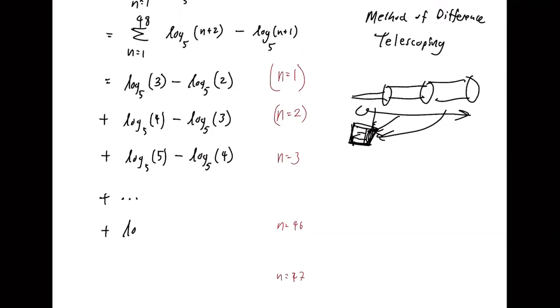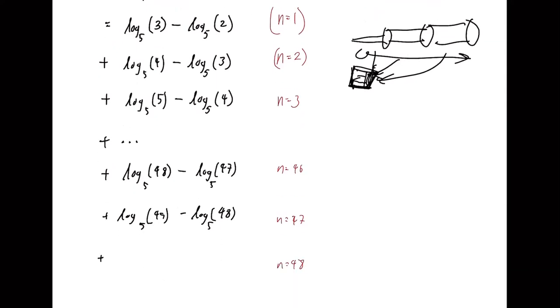Log of 46 plus 2, which is 48, base 5, minus log of 47, base 5. Next one is plus log of 49, base 5, minus log of 48, base 5. Plus log of 50 base 5 minus log of 49 base 5.